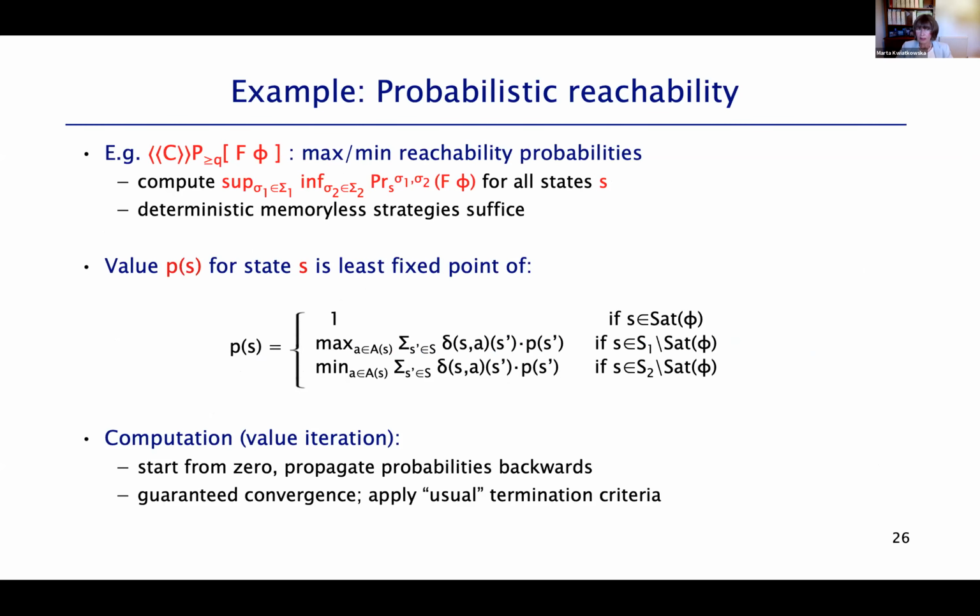So for probabilistic reachability, now in fact this, if you are familiar with Markov decision processes, which are also known as 1.5 players, the computation here is analogous to Markov decision processes, except that in this case we have both the maximizing and the minimizing action, but we take them in states belonging only to one player, because we have assumed for turn-based games a partitioning of the states amongst the players.